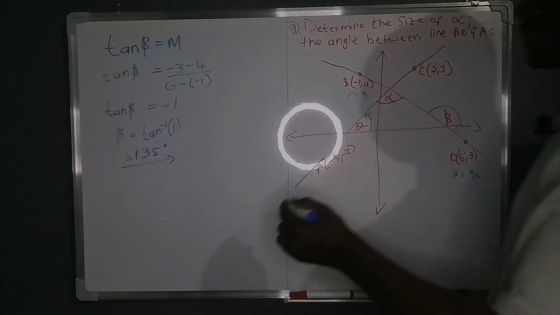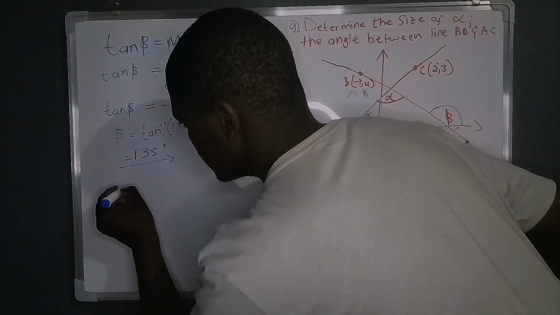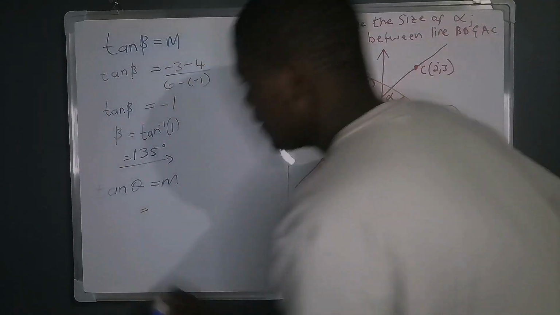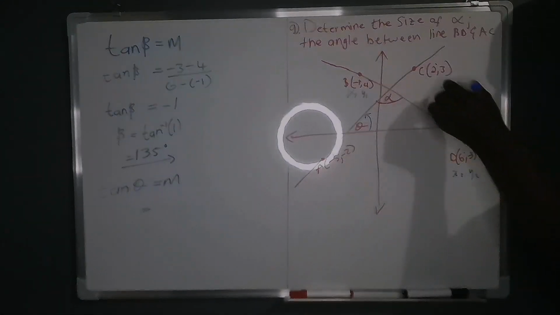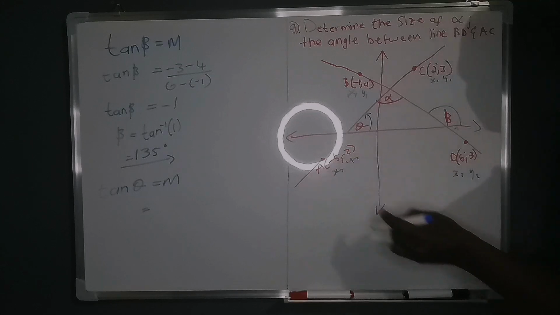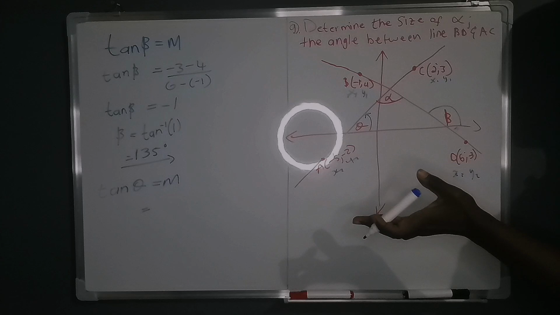So I'm going to say tan theta is equal to m. The very same method again, x1, y1, x2, y2. Then y2 minus y1 over x2 minus x1. That's the gradient.